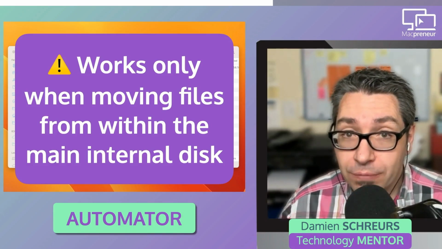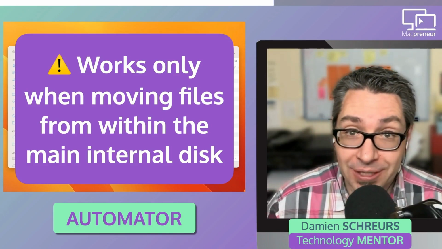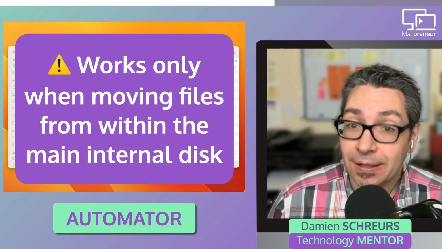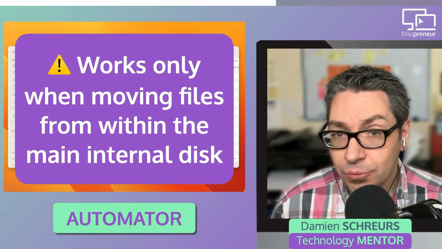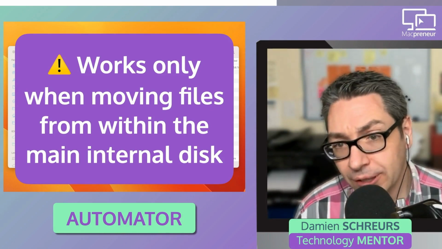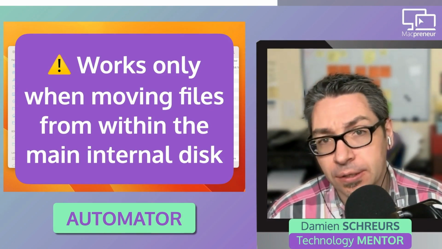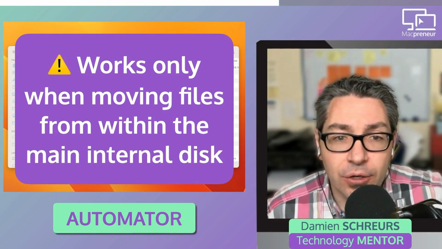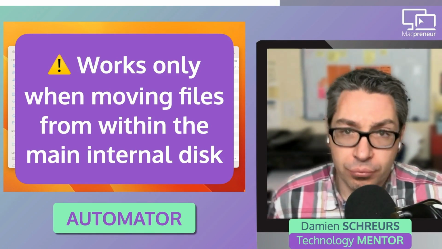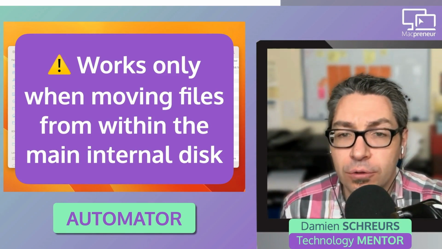And even if you move a file but it's coming from an external disk, the action won't trigger either. Now, to alleviate this constraint, you would need to use the tool that I will be covering in the next episode. It's called Hazel. But before that, let's quickly go over the pros and cons of Automator.